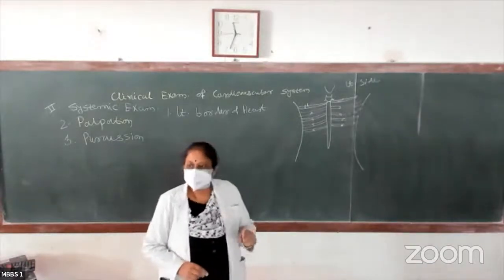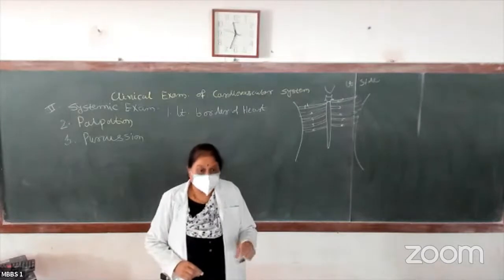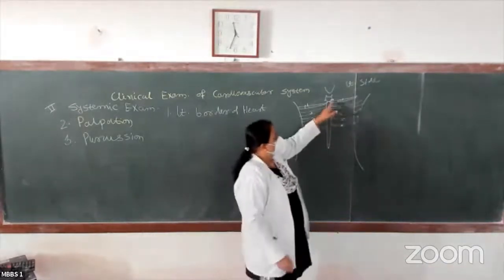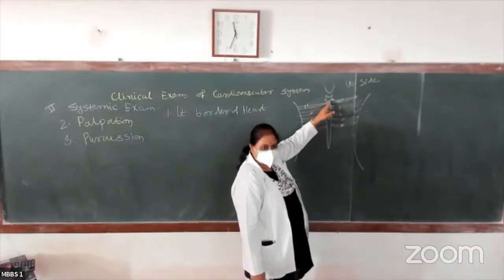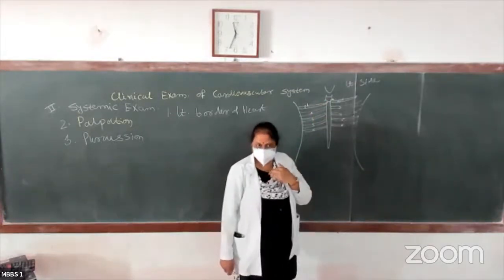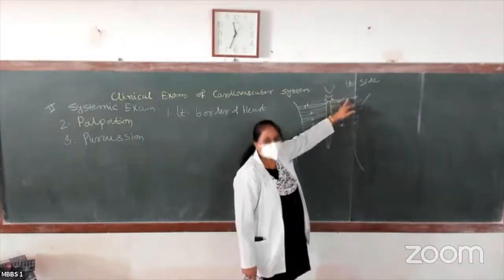The apex beat is in the left fifth intercostal space. The second rib is attached at the manubriosternal junction, where a little prominence is there. So palpate the manubriosternal junction; to that junction, the second rib is attached.